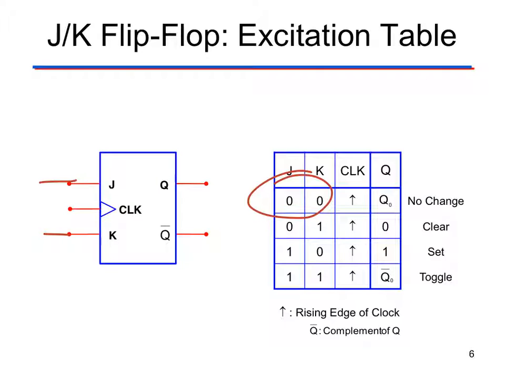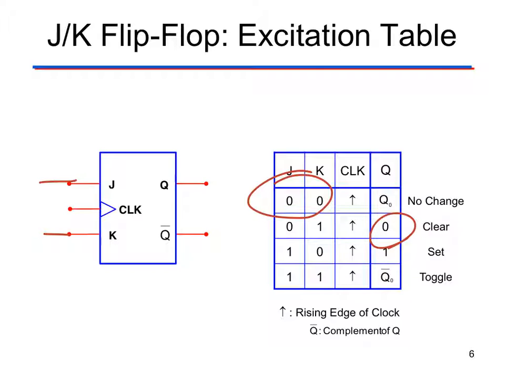When the J is 0 and the K is 1, on the rising edge it will clear the output. It's going to automatically clear, so no matter what's on there, it will become a 0 on the rising edge of the clock. Hopefully that makes sense.